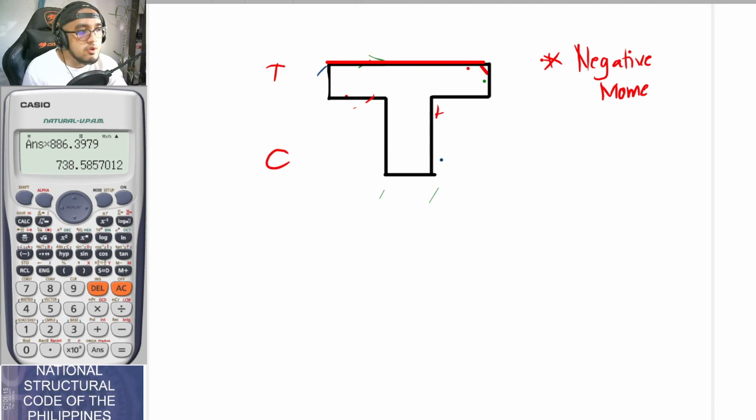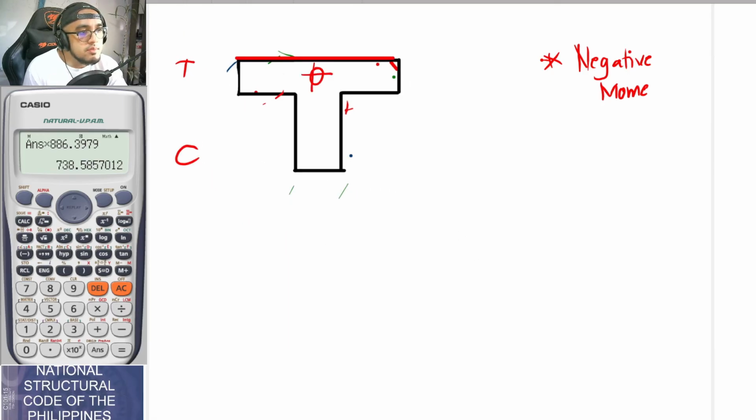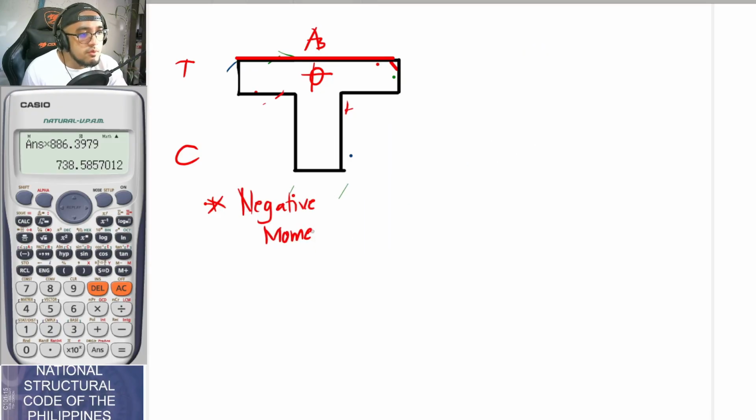And if we are to draw its stress diagram, so let's say that you have your AS here, so this is to be the total area of steel. Once again, this is to be for your negative moment, and for its stress diagram, your compression block will now be at the bottom part. So this is to be your 0.85 FC prime, so 0.85 FC prime times ACC.